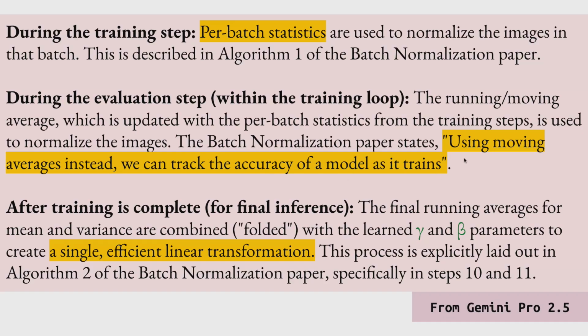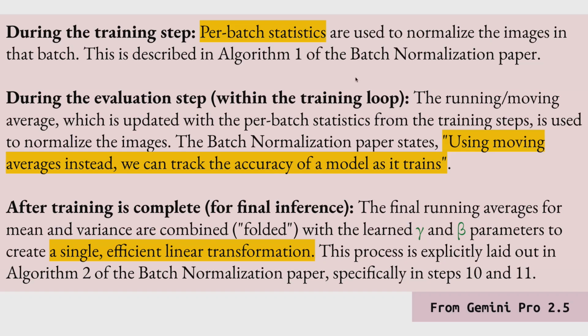And we'll take a look at what that moving average looks like in PyTorch, at least just at a high level. And then finally, after training is complete, the final running averages of mean and variance are combined with the learned parameters gamma and beta to create a single efficient linear transformation. And we'll see that this process is in algorithm 2, steps 10 and 11.